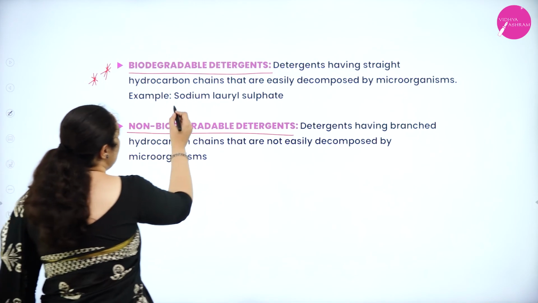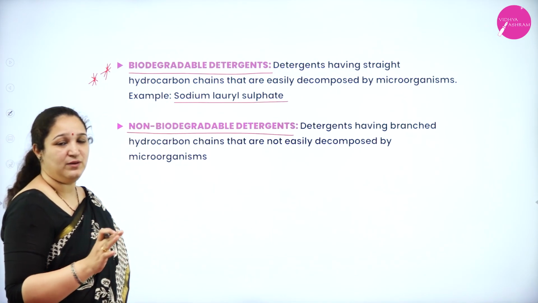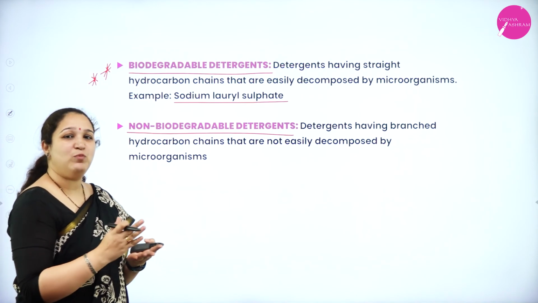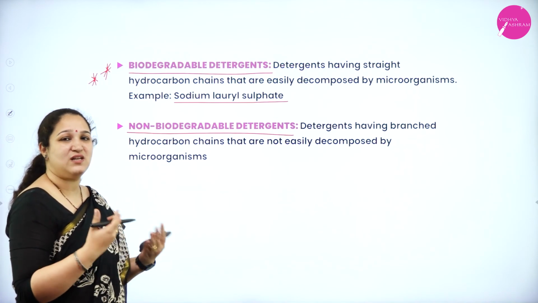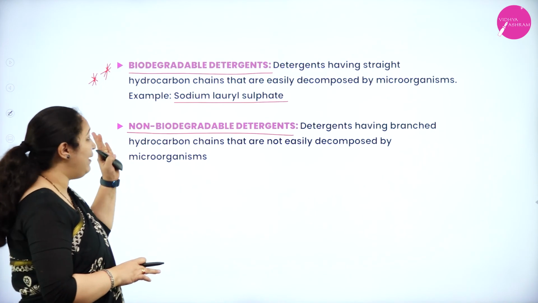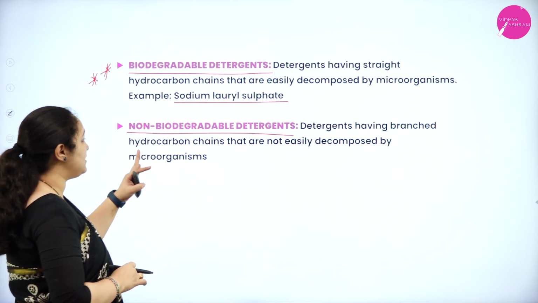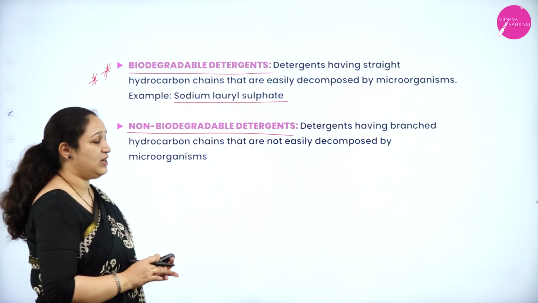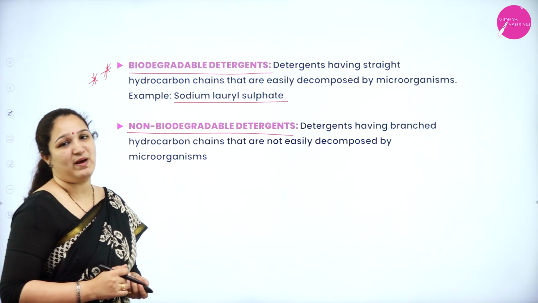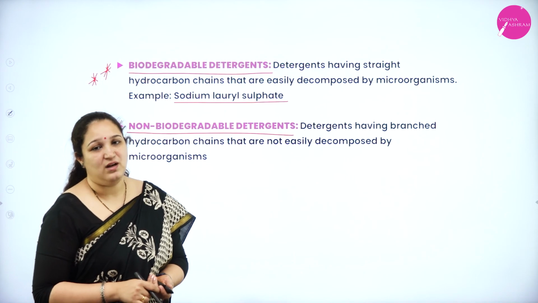For example, sodium lauryl sulfate is a biodegradable detergent, that is, it can be broken down by microorganisms. It is degradable, it will not cause any pollution. Non-biodegradable detergents have a branched hydrocarbon chain and cannot be decomposed by microorganisms easily.